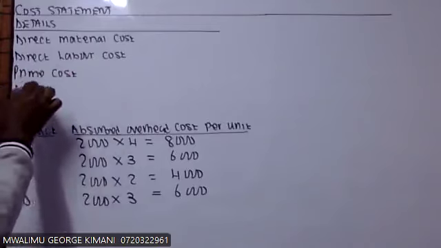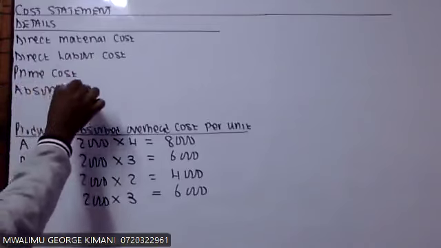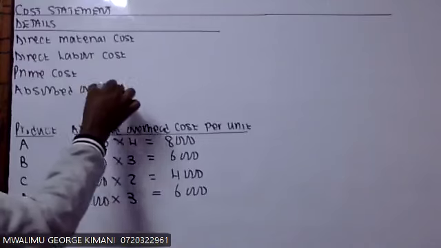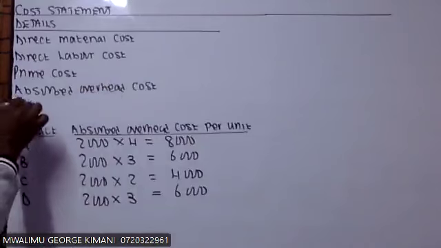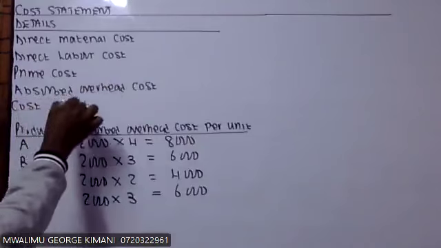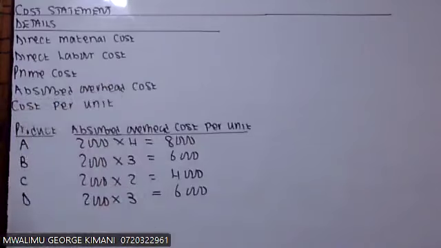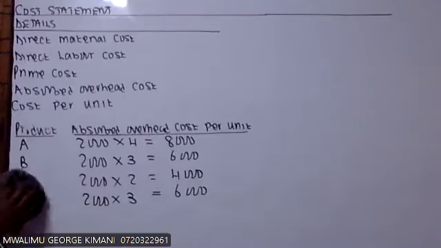Then you bring the absorbed overhead costs. Then you get the cost per unit.